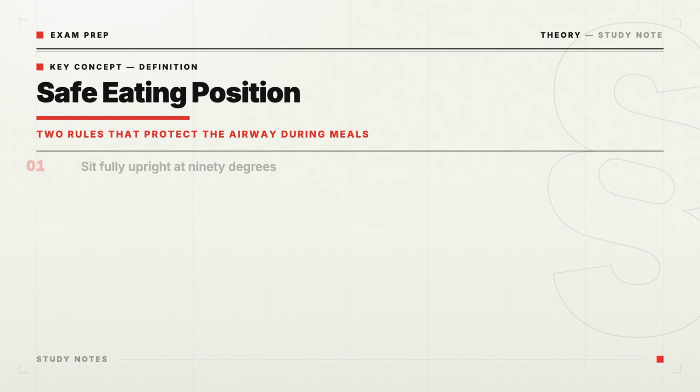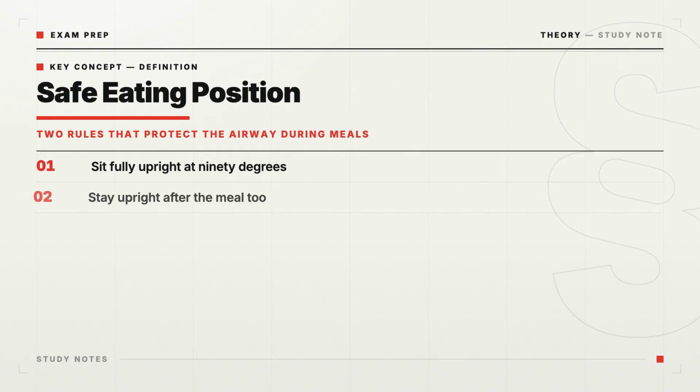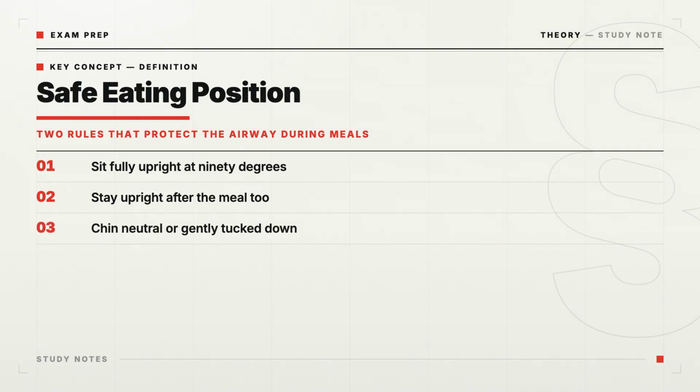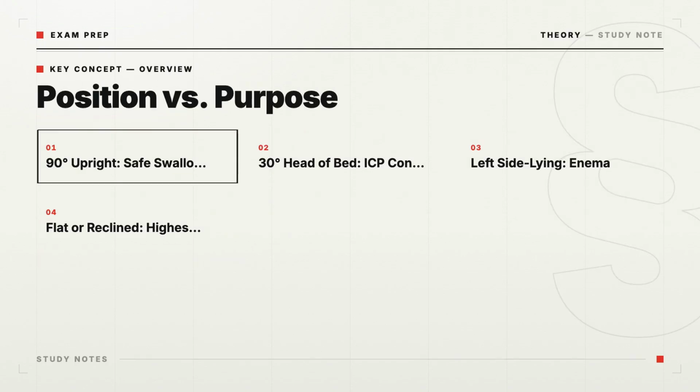The core rule is simple. Sit fully upright at about 90 degrees and remain upright for a while after eating. Gravity then helps carry food down and away from the airway. The chin should stay neutral or tucked, never tilted back, since tipping it back opens a straight path into the trachea. Dysphagia after a stroke creates a gap between hunger and safety, which is why exam questions test position carefully.